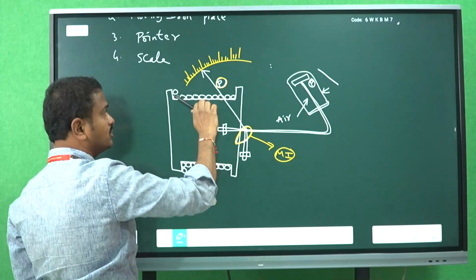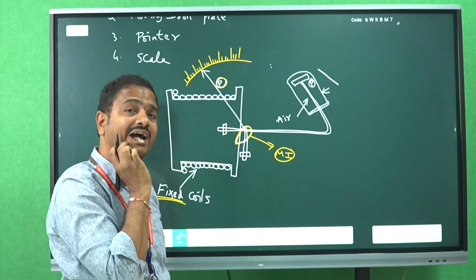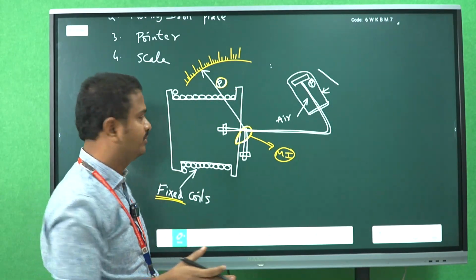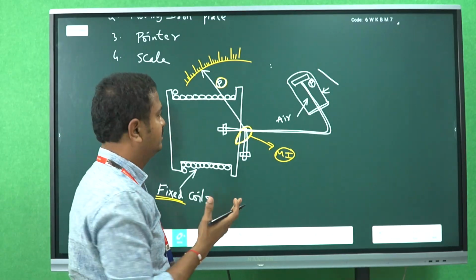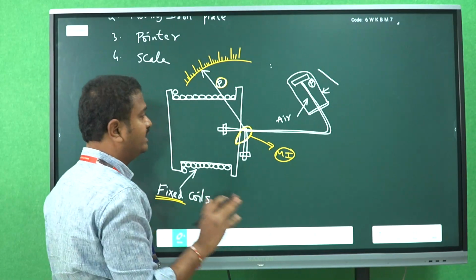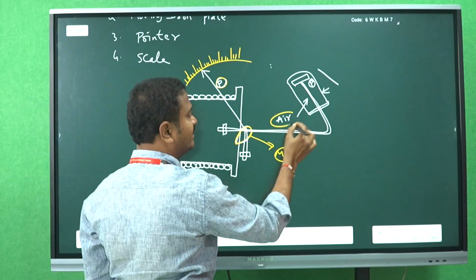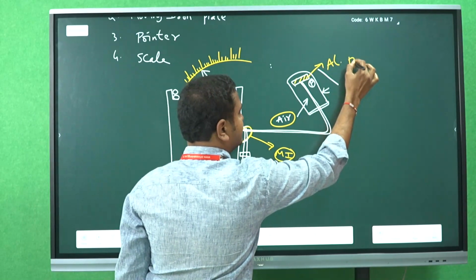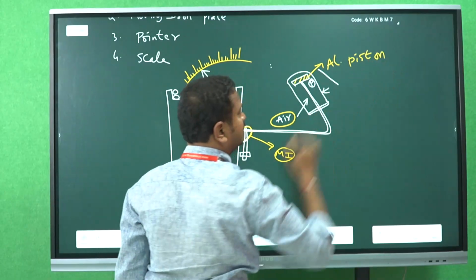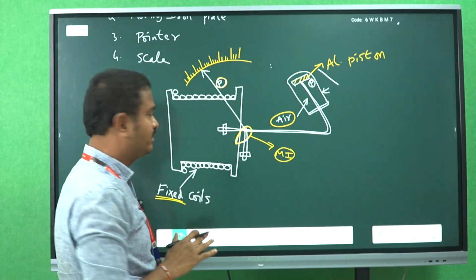The pointer moves on the scale to represent the accurate or measured value. Clear? So this is the magnetic system, nothing but the deflecting system. And the third one is the damping system. Here we are using air friction damping, with an aluminum piston inside a closed chamber.